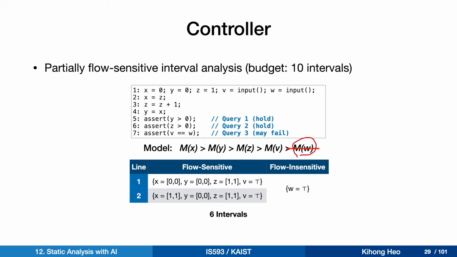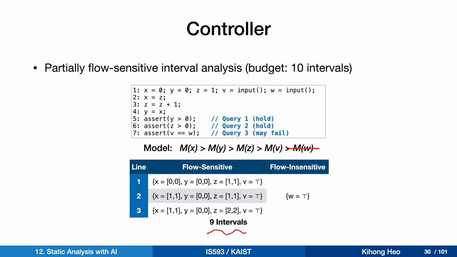But unfortunately, sometimes such a decision is not that good, like in this particular case, where we could not reduce the memory footprint that much, because W is already top, right? But if we proceed to the next iteration, then what happened? Now we are about to run out of memory. We already have 9 intervals.